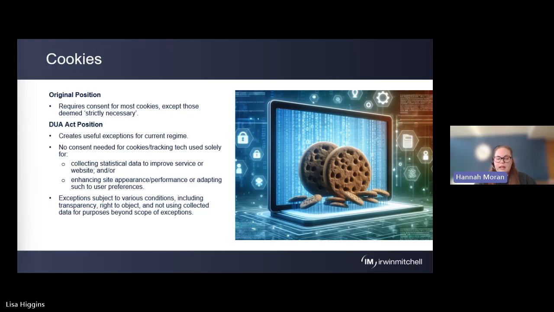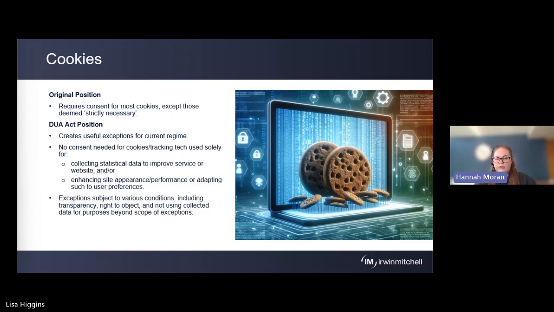The exceptions are conditional, so you have to still be transparent with individuals about the cookies that you drop in, what you're doing with the information you're collecting. Users have to have the right to object to the use of their personal data, and you can't use data beyond the scope of the exceptions.